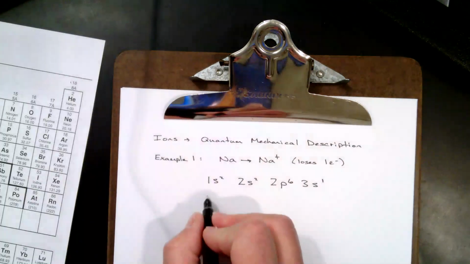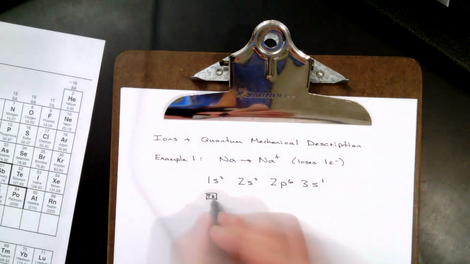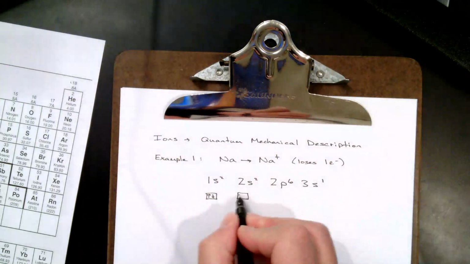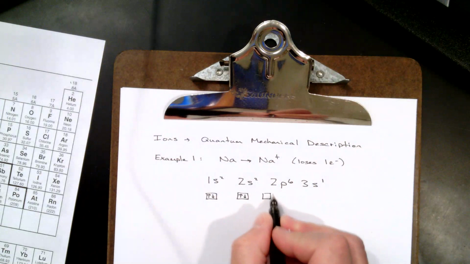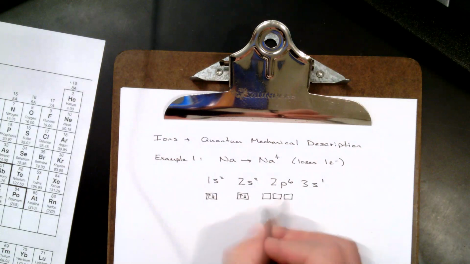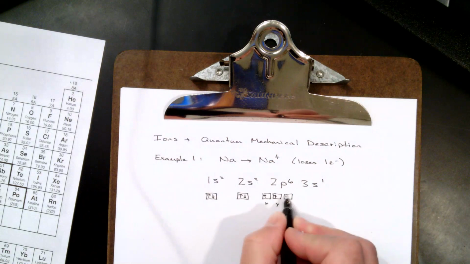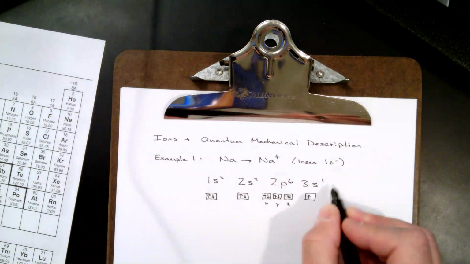So if we were to draw the orbital notation, we would have an up and a down in the 1s, and an up and a down in the 2s. The 2p has 3 orbitals, the x, the y, and the z, and we'd have an up, an up, an up, and a down, a down, a down. Then the 3s would have an up.